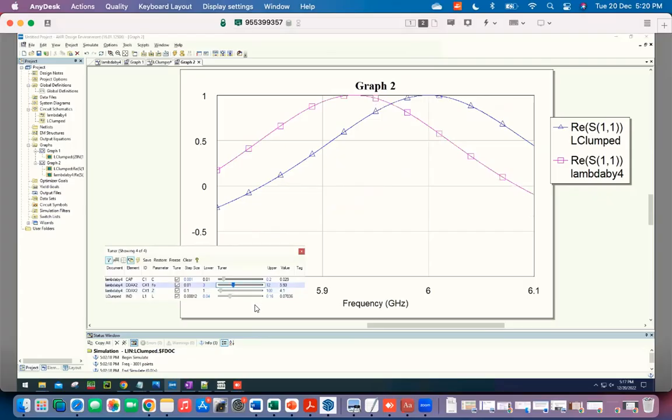So here it's got it back to exactly 6. Now I've brought it to like 4.9 ohms, and the resonant frequency is rock solid.